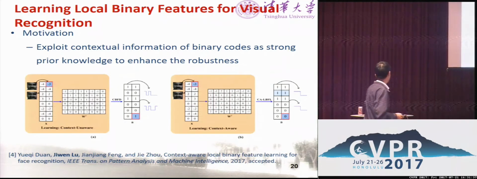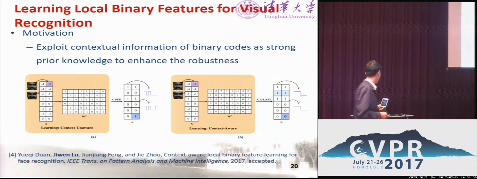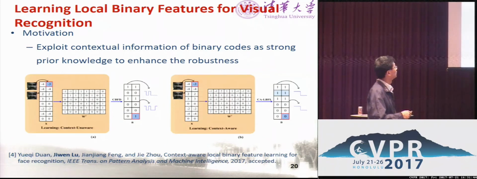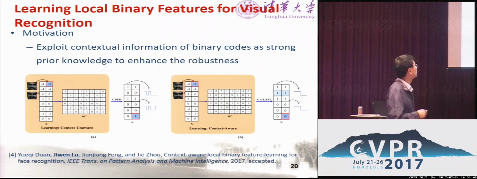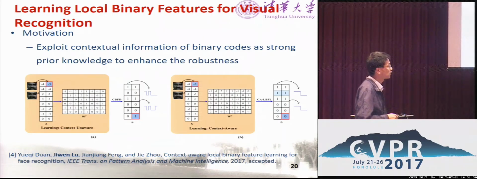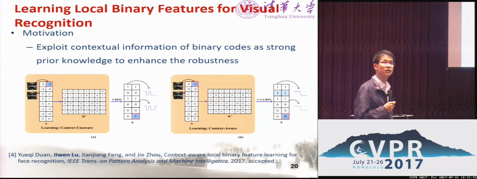Previously, in our CBFD method, we found the learned binary code is learned individually. What's the meaning? Each bit, 1, 0, 1, 0, is learned separately.